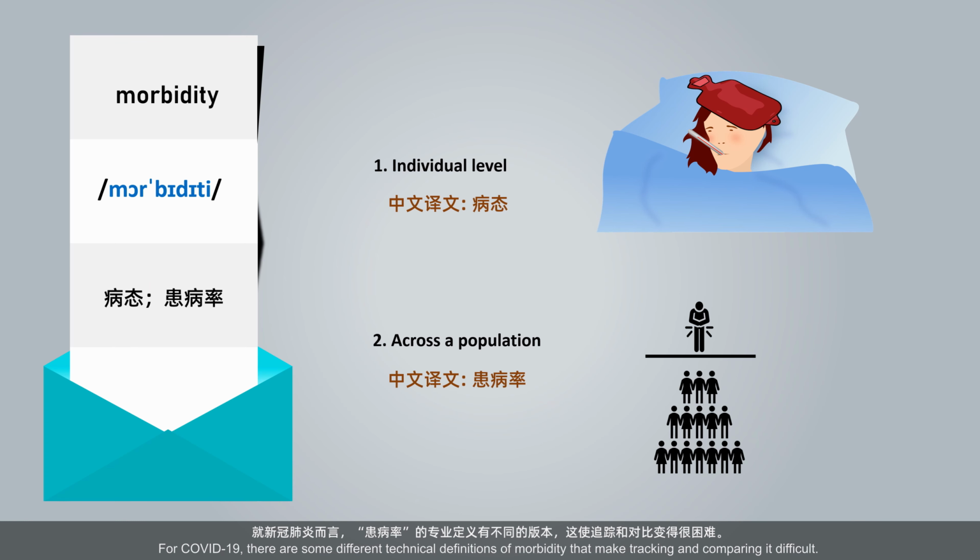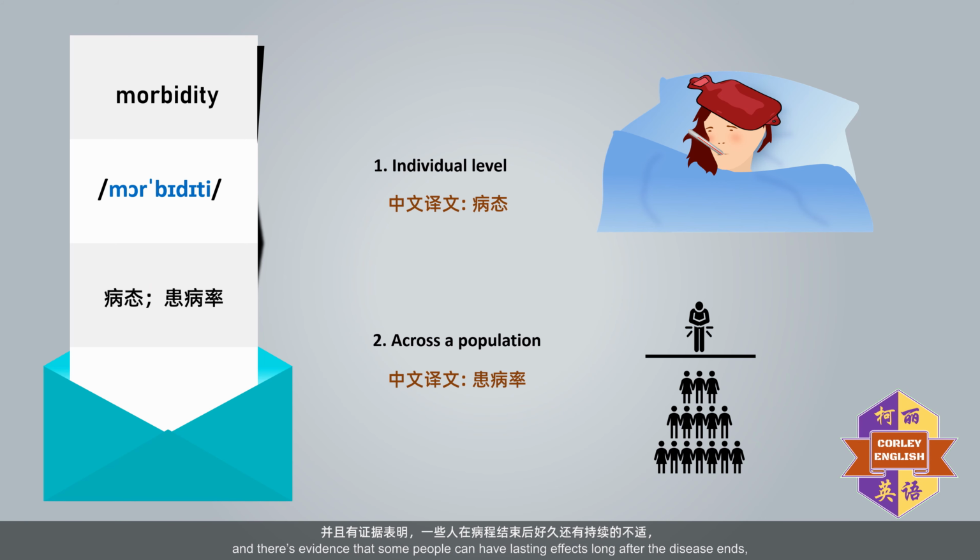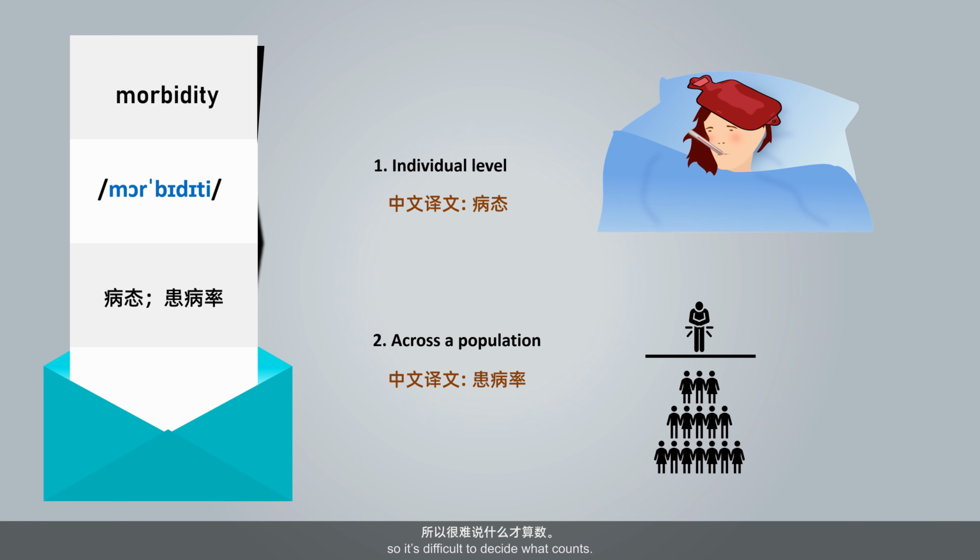For COVID-19, there are some different technical definitions of morbidity that make tracking and comparing it difficult. People show a wide range of symptoms, and there's evidence that some people can have lasting effects long after the disease ends, so it's difficult to decide what counts.